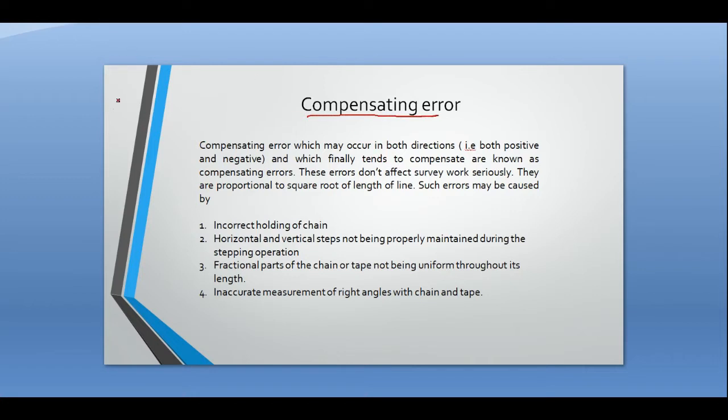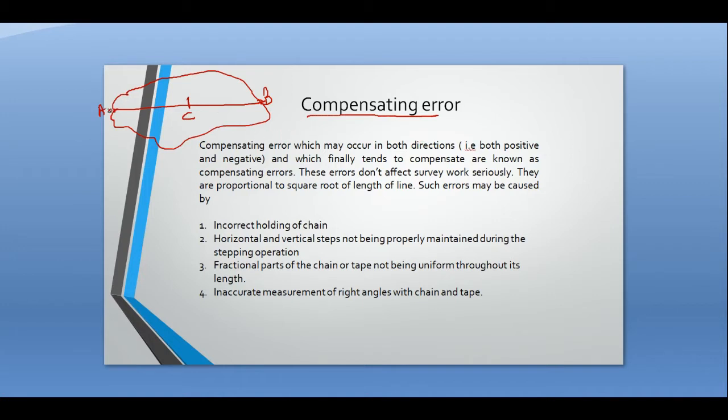Let me take one example here. Suppose this is the ground, and this is point A and this is point B, and this is the distance that we have to measure, A to B. Suppose this distance is too large, so we take one intermediate point C. In the previous classes we studied the principles of surveying, and one principle is that we have to work from whole to part.